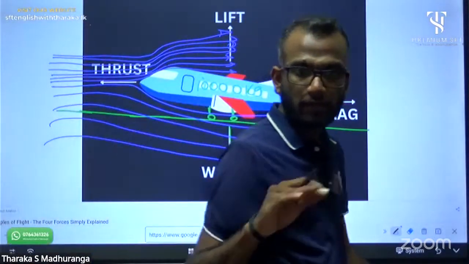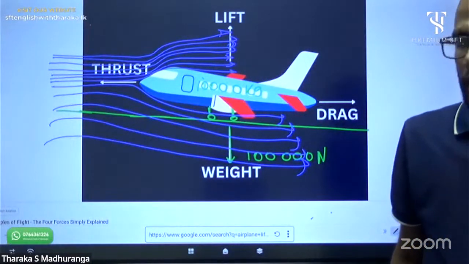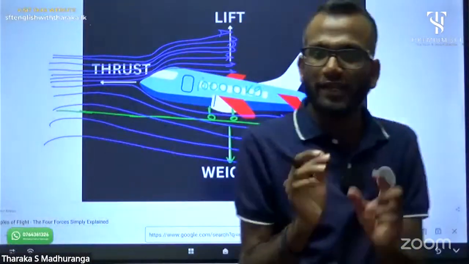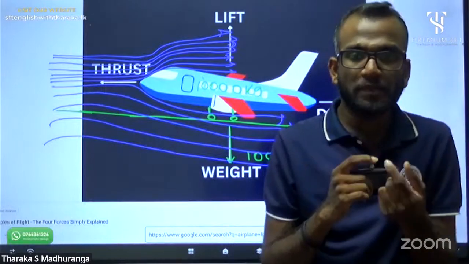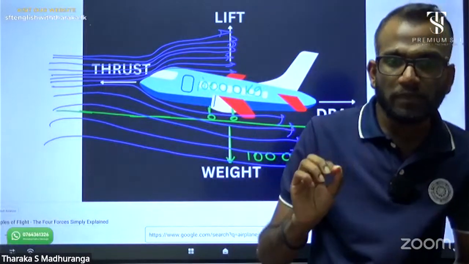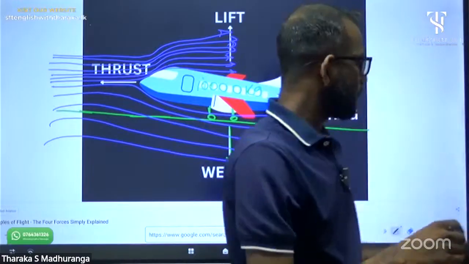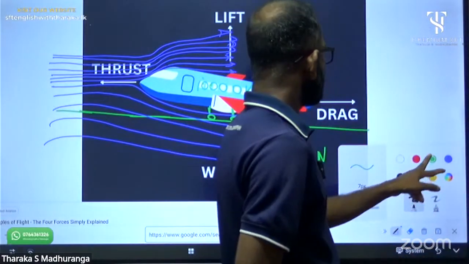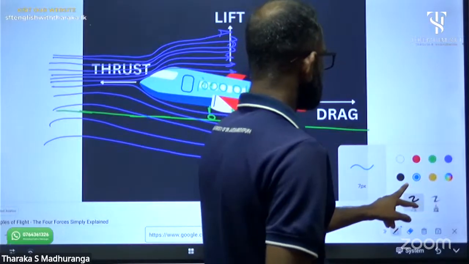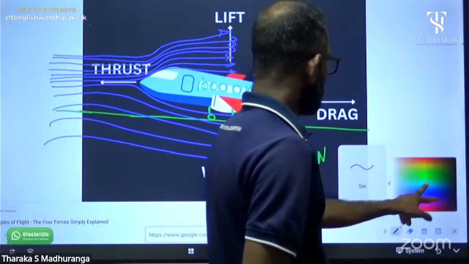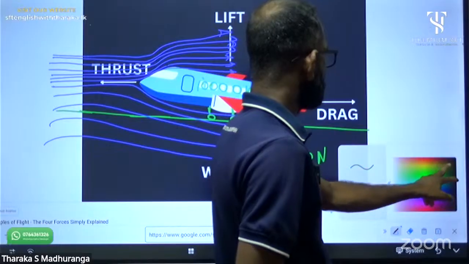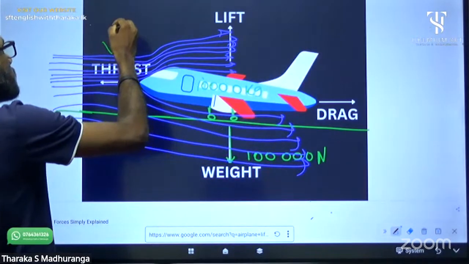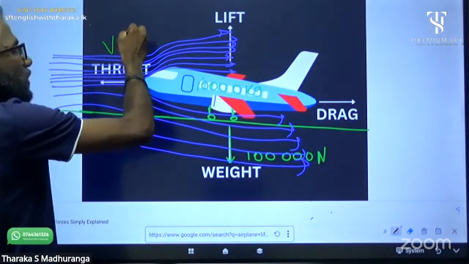On the lower side, by these streamlines, you can understand how their velocity is. On the upper side, the velocity is greater.